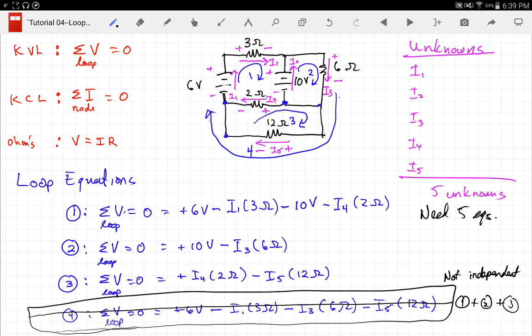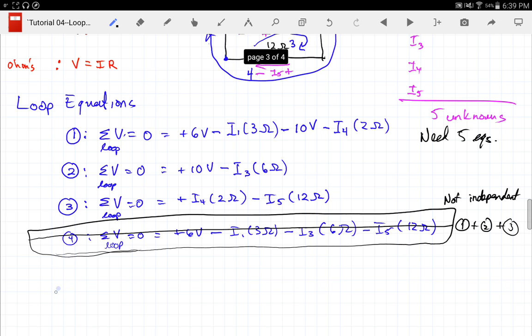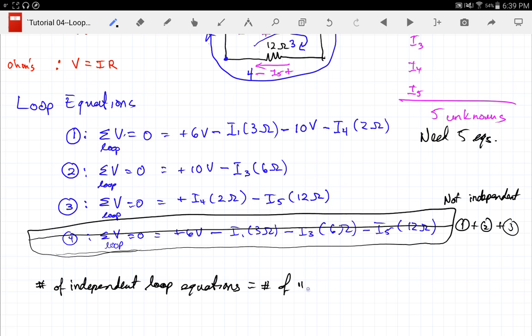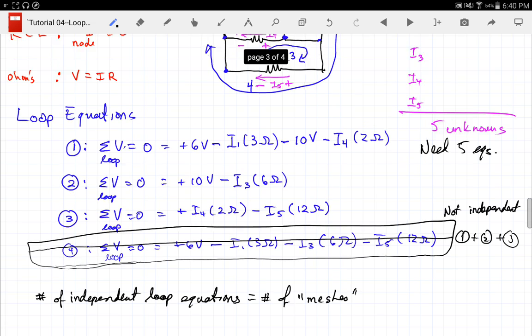So here's a rule on the loop equations. The number of independent loop equations you can have is equal to the number of meshes. So what's a mesh? Or a mess, as my students often say.